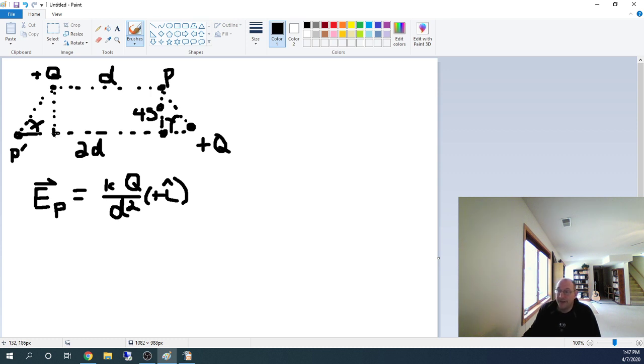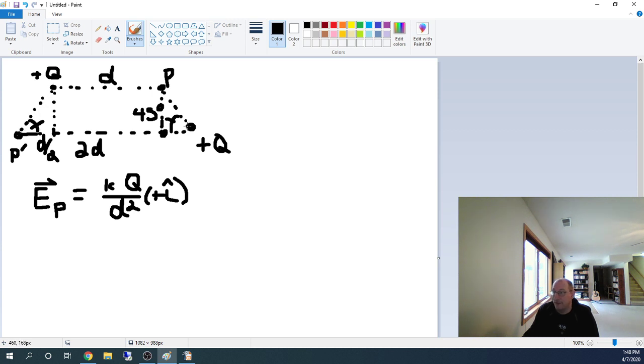I know this distance from here to here is D, so that means I got to add another D over 2 here and another D over 2 here. Adding that to the D in the middle gives me the 2D that I expect. So this distance right here across the bottom to the spot directly below it, I know that that is D over 2.